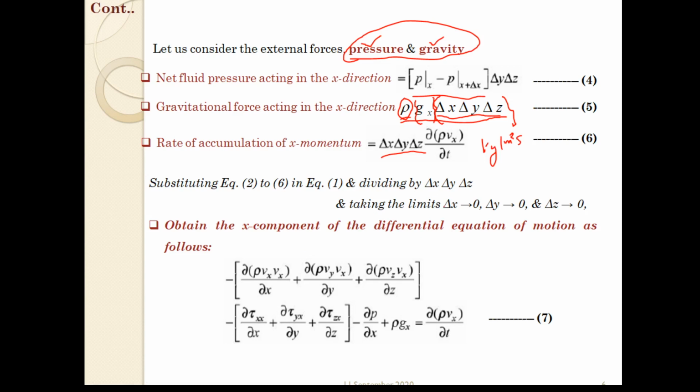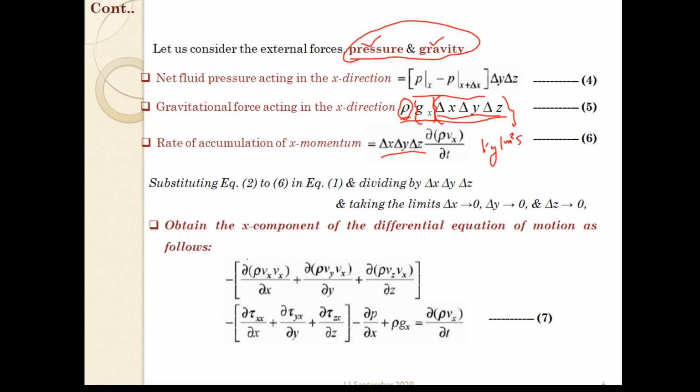Taking the limit as del x, del y and del z tend to 0, we obtain the x component of the differential equation of motion as follows: del rho vx vx upon del x plus del rho vy vx upon del y plus del rho vz vx upon del z, minus del tau xx upon del x plus del tau yx upon del y plus del tau zx upon del z, minus del p del x plus rho gx, equals del rho vx del t.